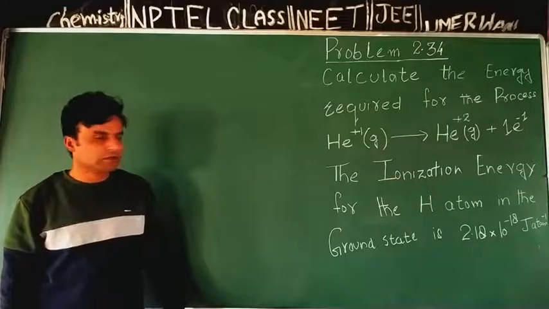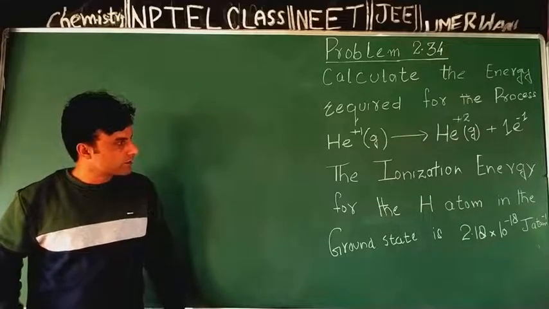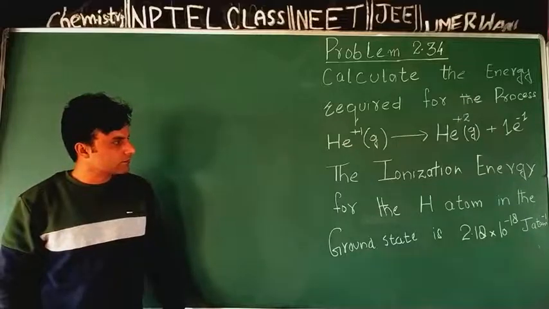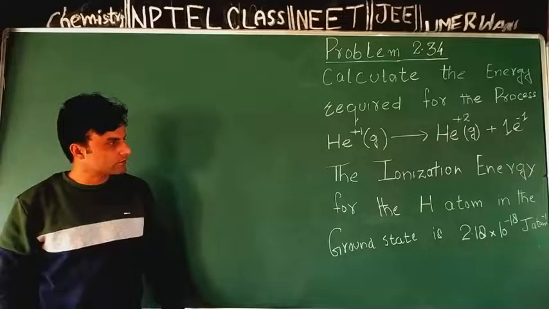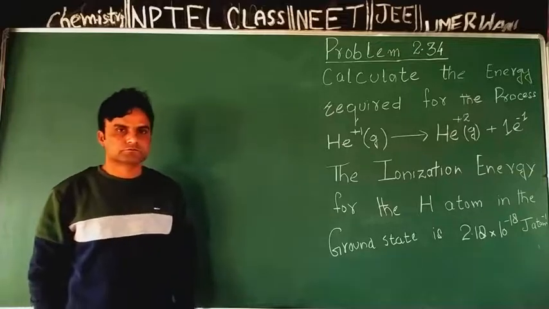The ionization energy for the hydrogen atom in the ground state is 2.18 into 10 raised power minus 18 joules.